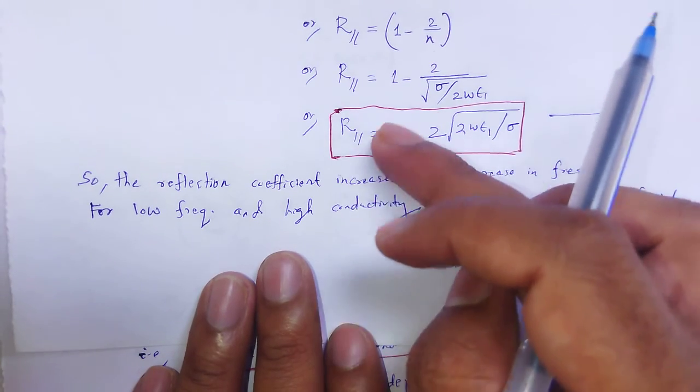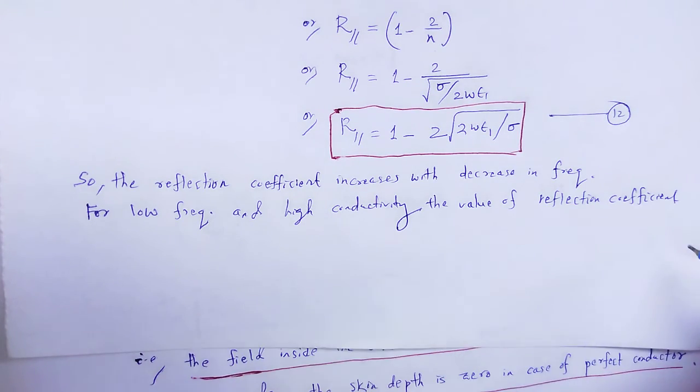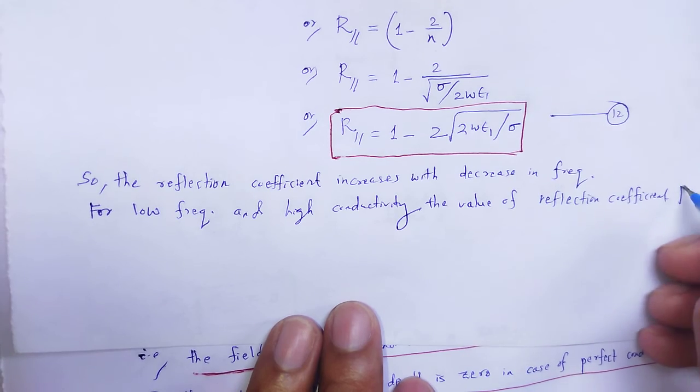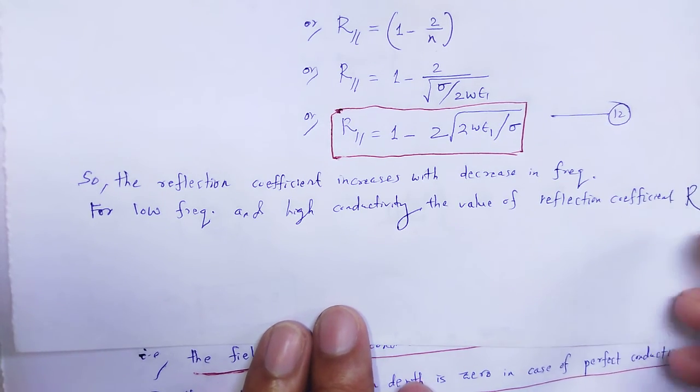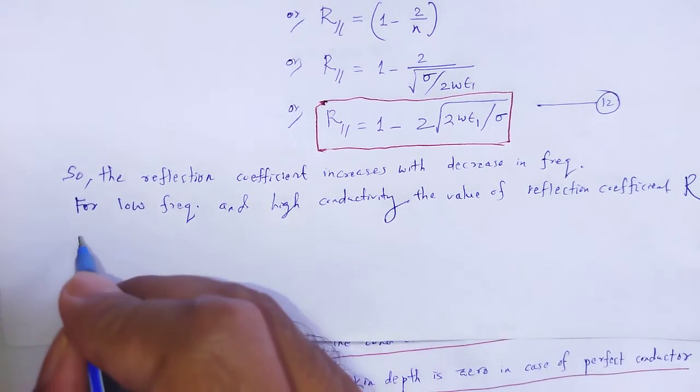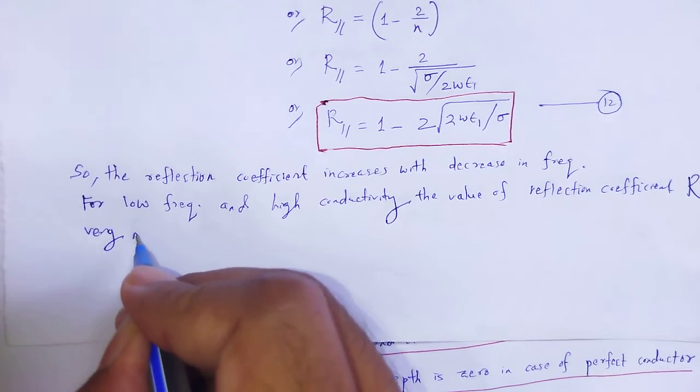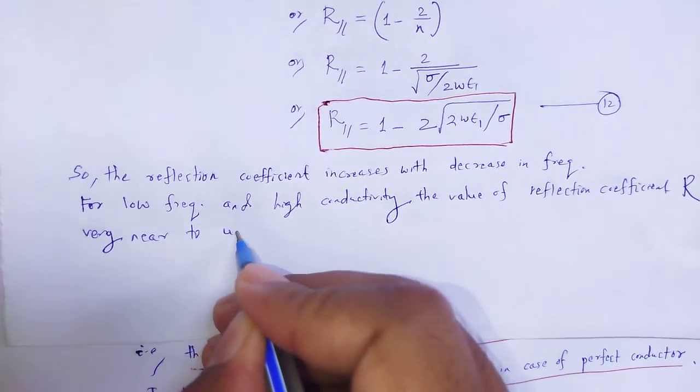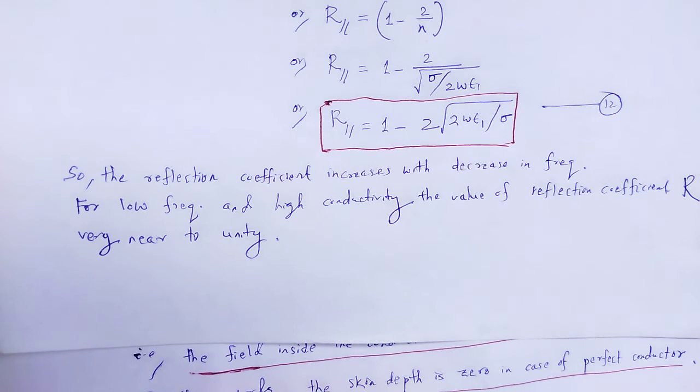So R parallel is equal to 1. The value of reflection coefficient R is very near to unity.